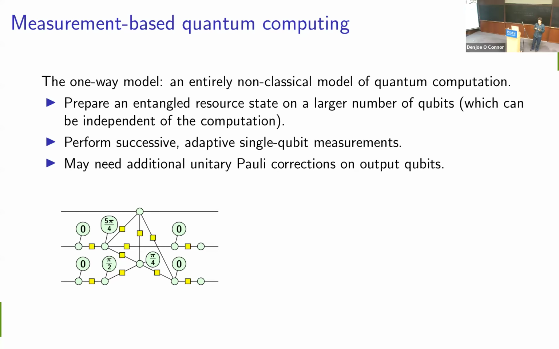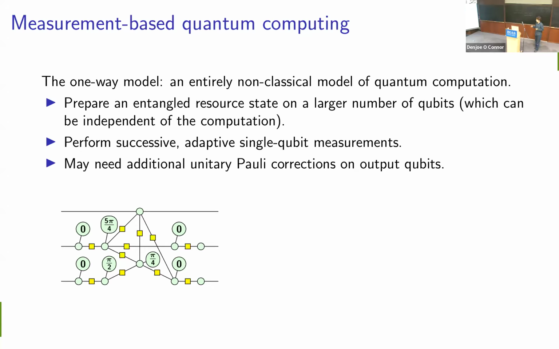So in general, it can be difficult to take a ZX diagram and turn it into something that looks like a quantum circuit. But taking a ZX diagram and turning it into something that looks like a one-way computation, that's really straightforward. Basically, all we need to do from this diagram is get rid of all the X spiders by making them green, and then we fuse as many spiders as we can, and then we will be in this sort of form.